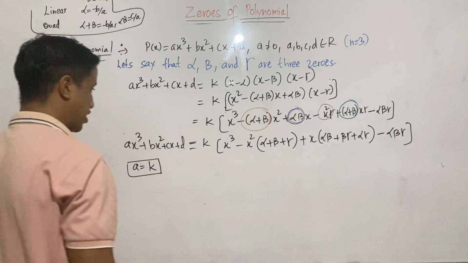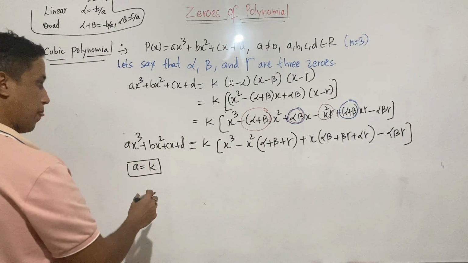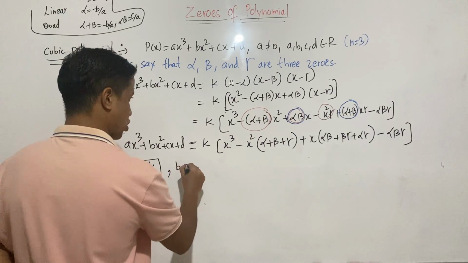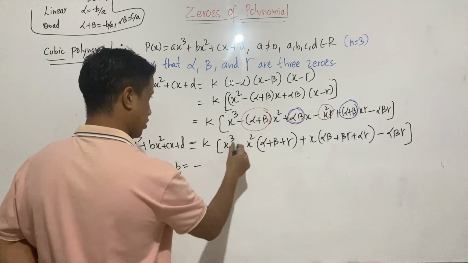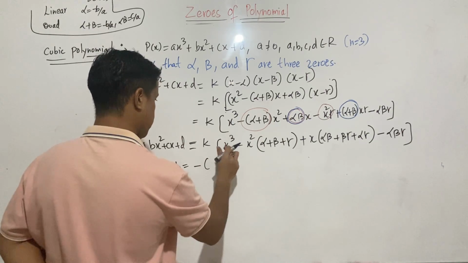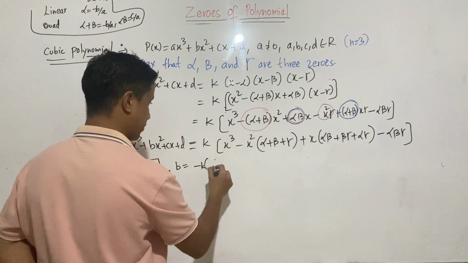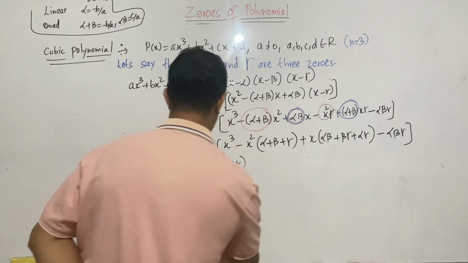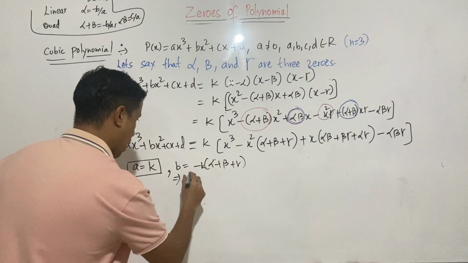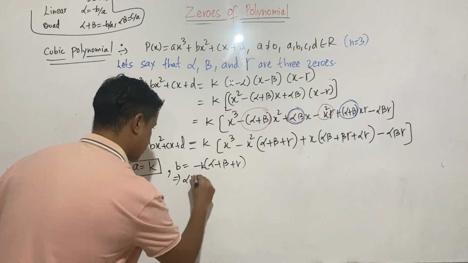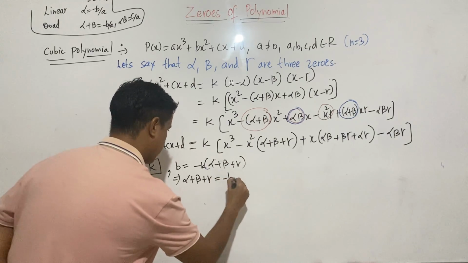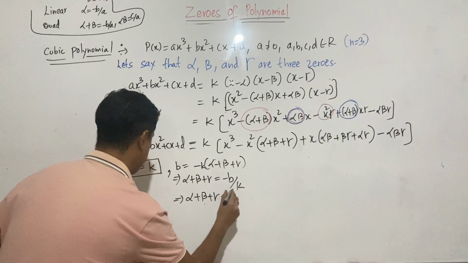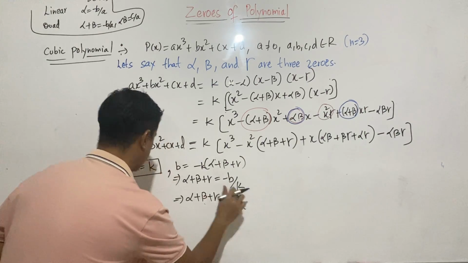So b is equal to minus of k times alpha plus beta plus gamma, which implies alpha plus beta plus gamma is equal to minus b by k, and which implies alpha plus beta plus gamma is minus b by a, because k is a.